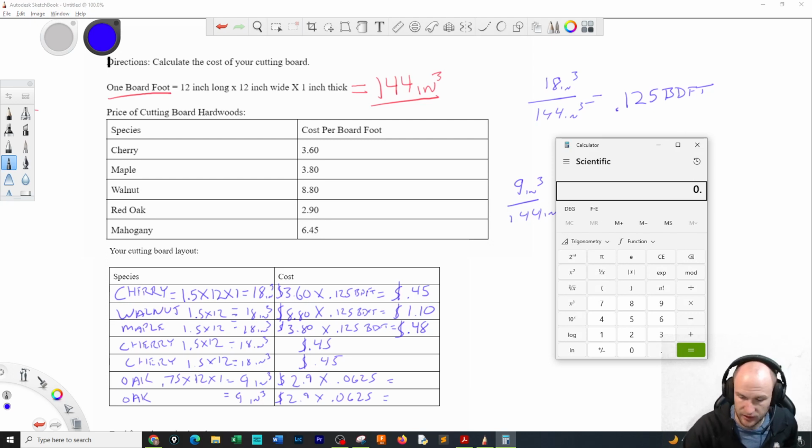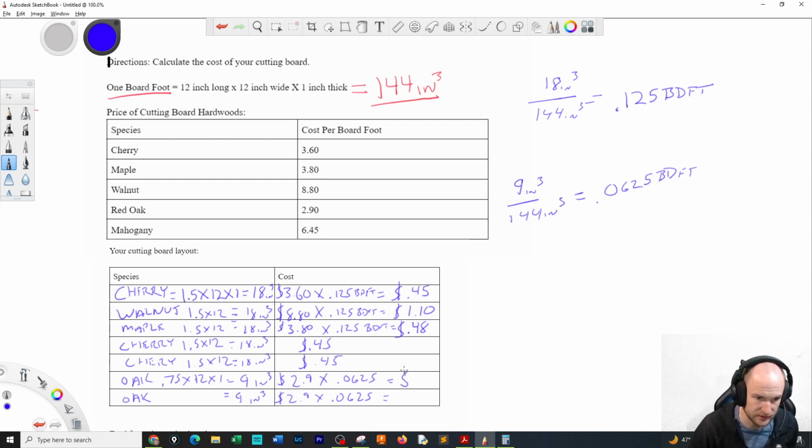So we got 0.0625 times 290, which is going to be, we'll round it up. Oh, we'll round it down. We'll say 18 cents. All right. And then to get our total, so our total cost would equal all of these added up.